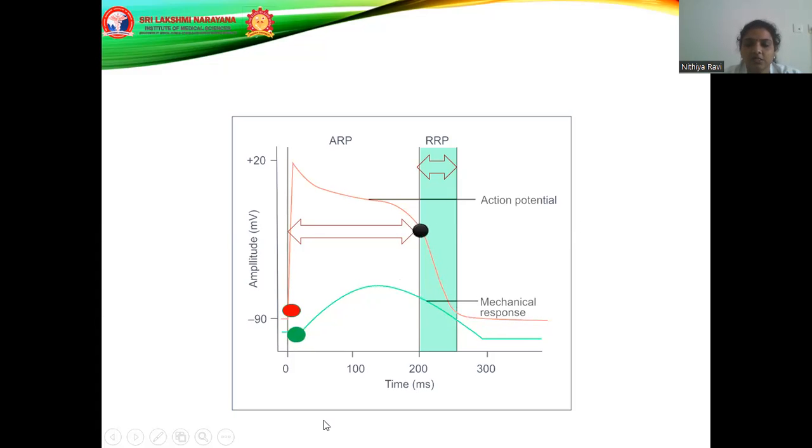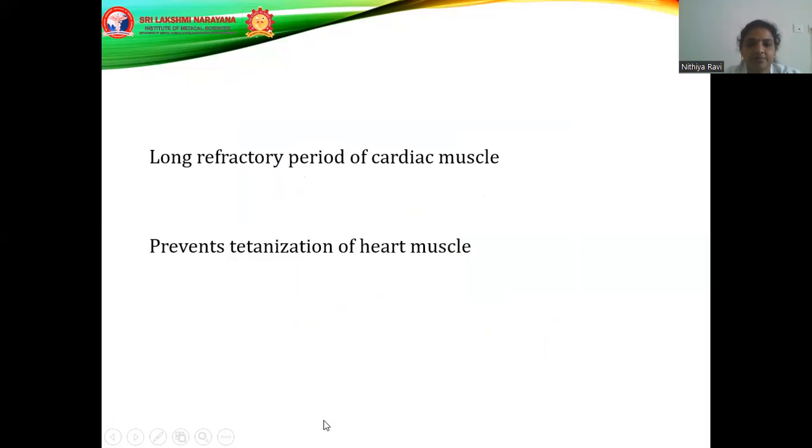And now the rest of the part of the repolarization phase, which coincides with the relaxation phase of the mechanical activity, is called the relative refractory period.